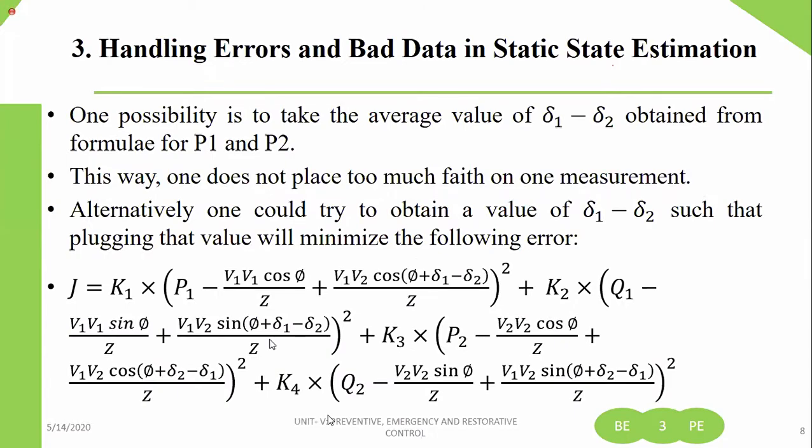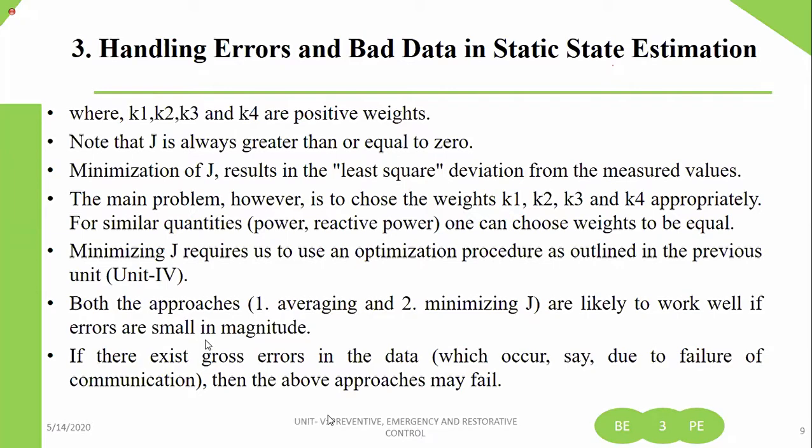Which means if the P1 and P2 values which you measure have very small error, then this will work. But if by mistake you have made a huge mistake in the collection of this data P1, P2, Q1, Q2, V1, V2, then this type of solution which I have explained, one by minimizing, another by averaging, will not work.